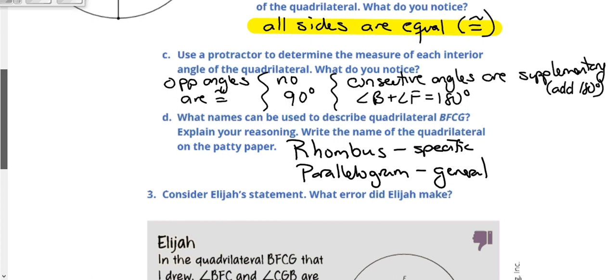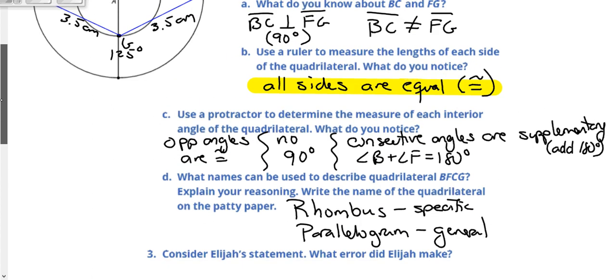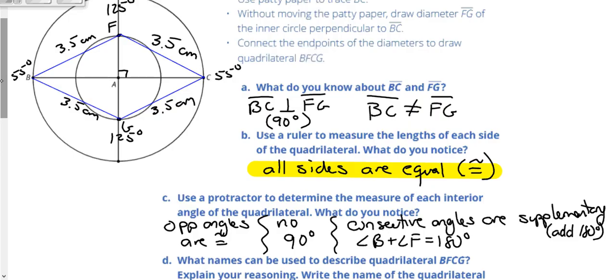So for a rhombus, we know that opposite sides are congruent. All sides are equal, actually. Opposite angles are congruent. Consecutive angles are supplementary. And what do we know about their diagonals? FG and BC are the diagonals of this.